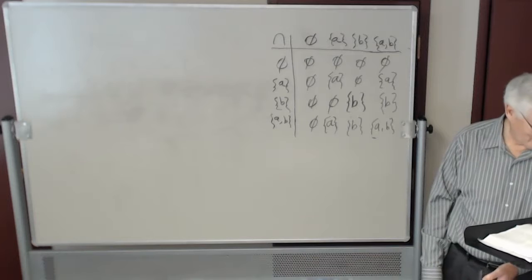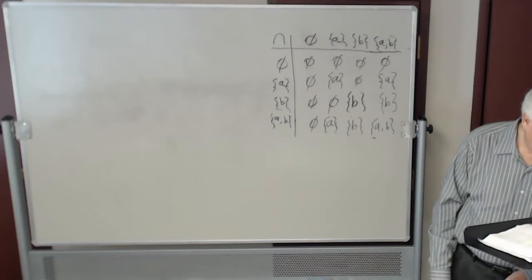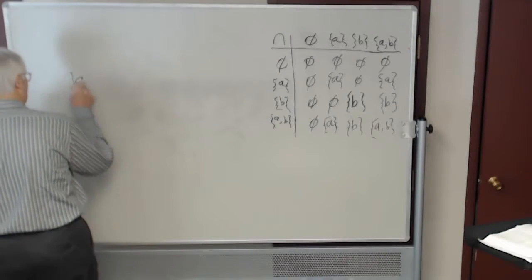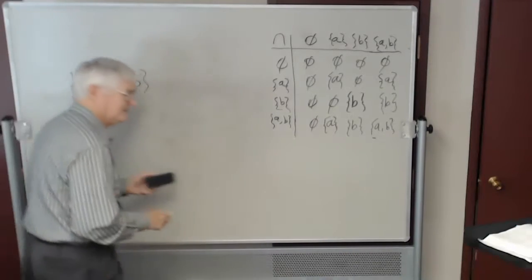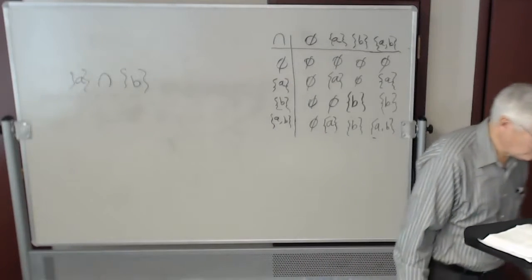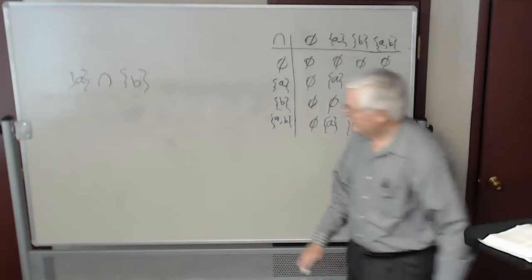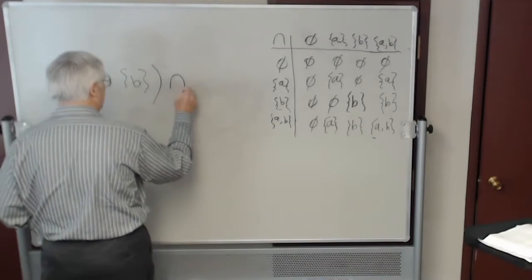Let's do number 14. Now, find A intersect B. Is that what it says for number 14? Intersect AB with parentheses.